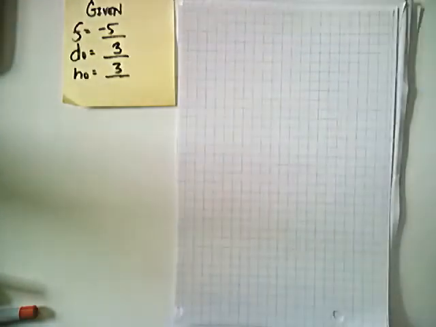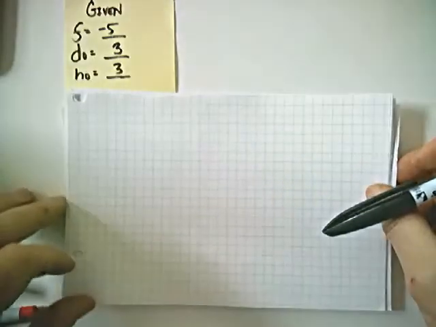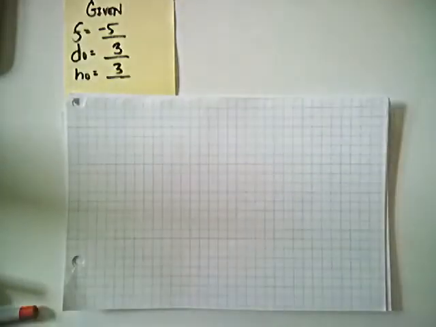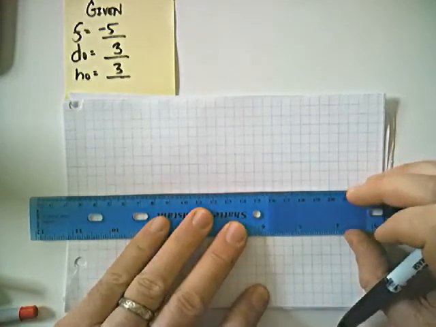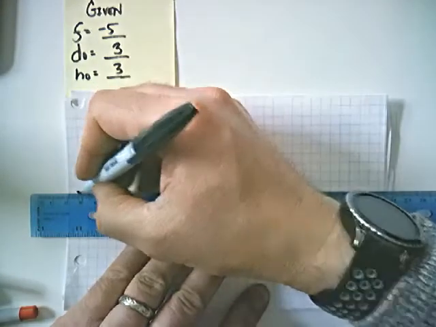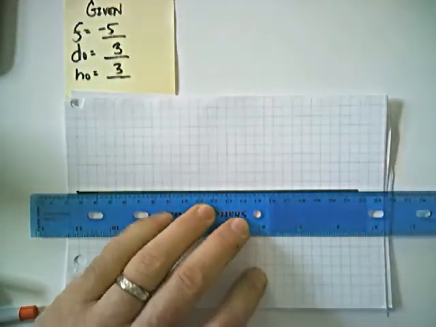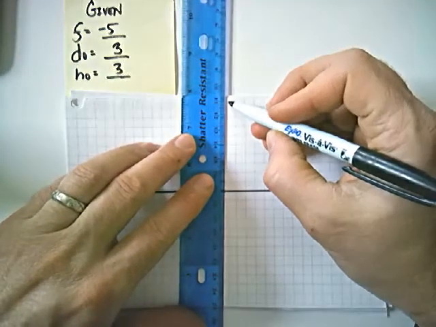All right, so what we're going to do is take our paper, turn it on its side, draw in our x-axis. Easy enough. Okay, there's my x-axis. Let's put in my y-axis.